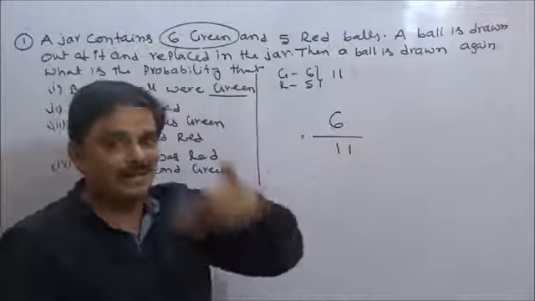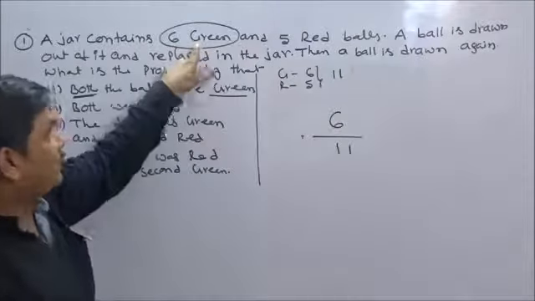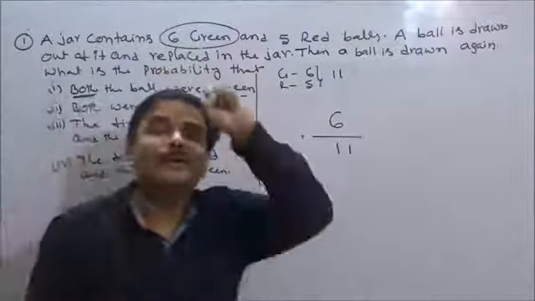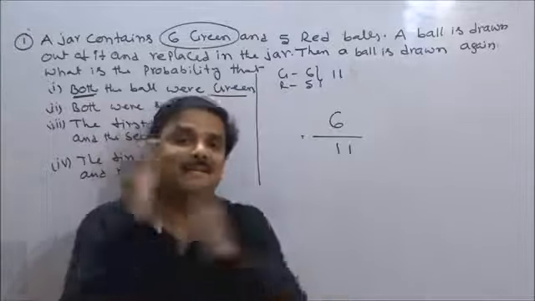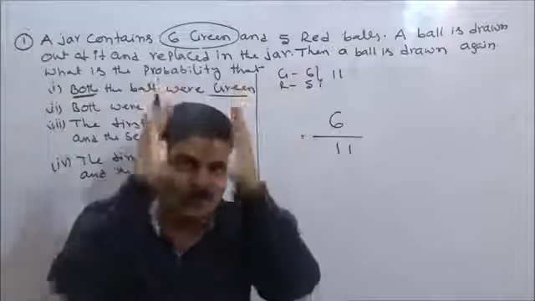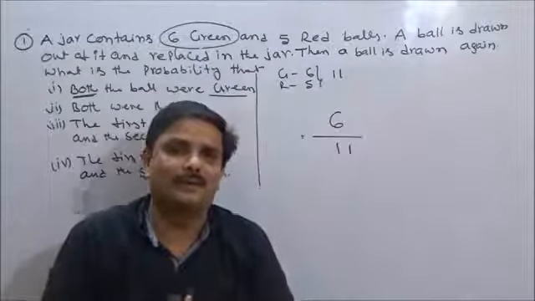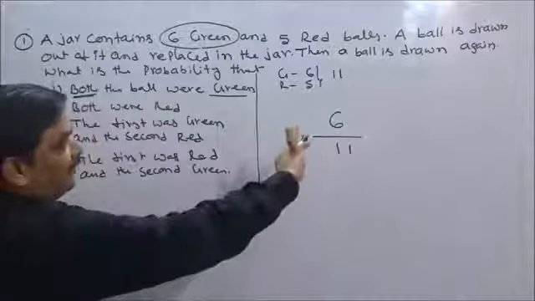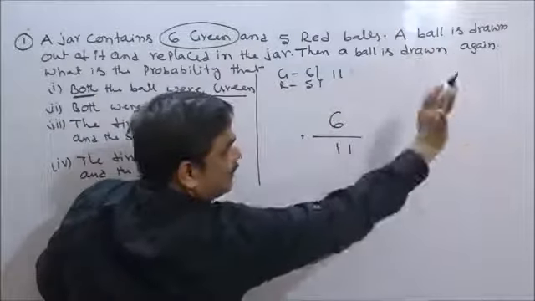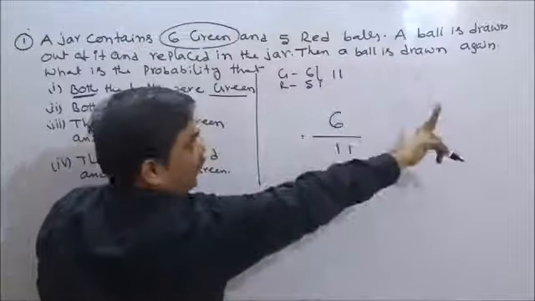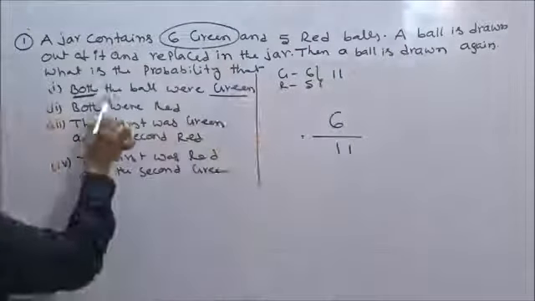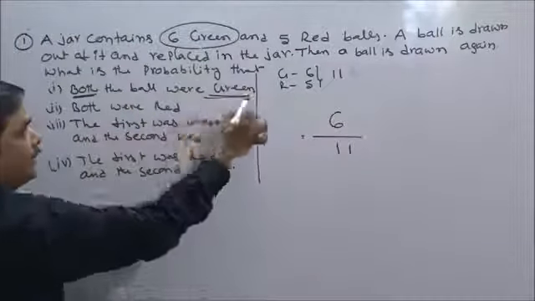Then after that, the ball which is drawn here is being replaced. That is replaced in the same jar or the basket, whatever it may be, right? So now what happens? Here, second draw is done. What is that second draw? Again, one ball is drawn. What is the probability that it should be again green?